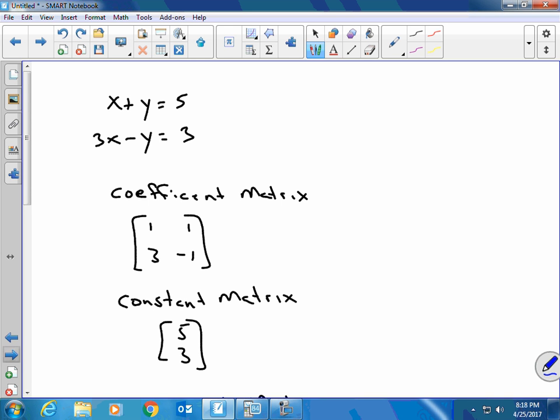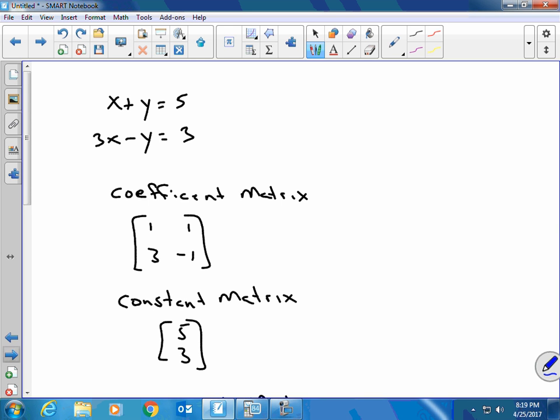My first step is to translate this system of equations into a matrix. There's a couple different ways of doing that. We're going to look at tonight how to write an augmented matrix. The first step in doing that is to write down what's called the coefficient matrix.